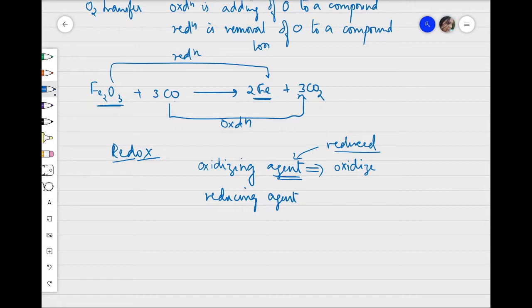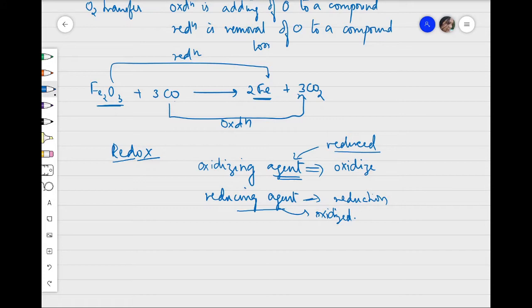അപ്പോൾ അതിൻ്റെ ഓപ്പോസിറ്റ് ആണ് reducing agent. Reducing agent is one that facilitates reduction, okay, and in the process gets oxidized. Okay, so ഈ കേസിൽ നോക്കൂ, carbon monoxide, CO is undergoing oxidation.